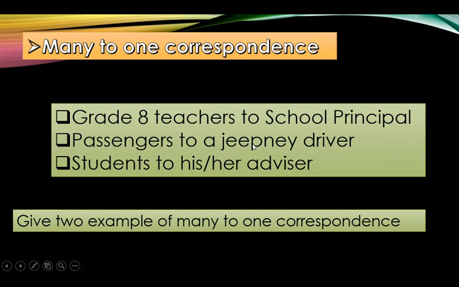So, that is many-to-one. Another one, the passengers to a jeepney driver. 'Di ba? Maraming nakasakay sa isang jeepney driver. And the students to his or her advisor. Maraming estudyante sa iisang advisor. So, those are examples of many-to-one correspondence in real life. Now, give 2 examples of many-to-one correspondence. You're going to write your answer on your paper.